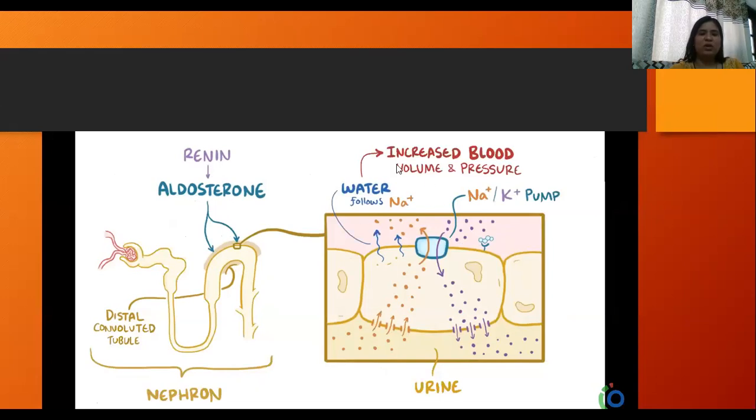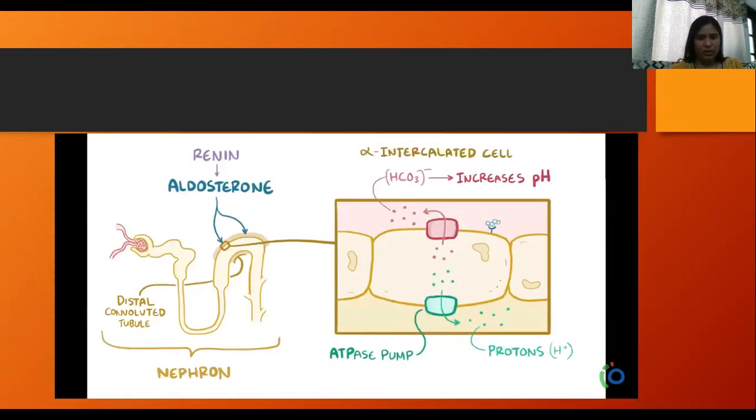The water and sodium retention will cause increased blood volume and blood pressure. Similarly, the aldosterone here will cause excretion of hydrogen ions and absorption of bicarbonate ions, which increases the pH and removes the acidity. These protons are excreted to maintain the pH levels of the blood.